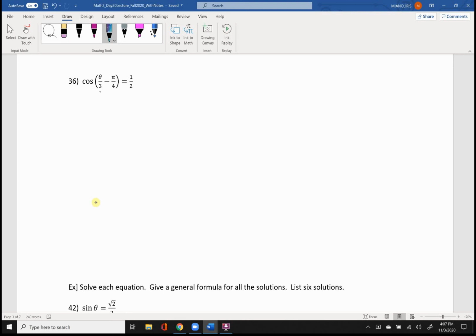So now take the entire argument and say, all right, either theta over 3 minus pi over 4, that whole thing, by whole thing I mean the argument of the cosine function, equals pi over 3, or that whole thing equals 5 pi over 3.